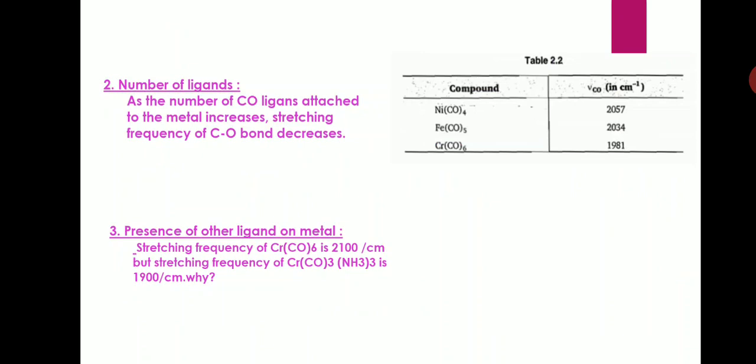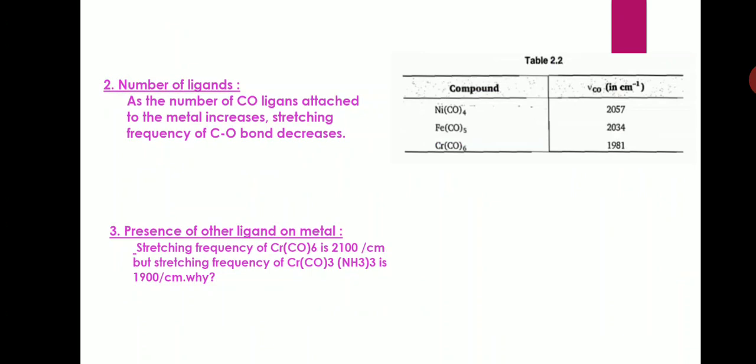Let us consider, for example, two complexes, Cr(CO)6 and Cr(CO)3(NH3)3. In both complexes, chromium has a formal charge of -3 and back donation occurs. However, because NH3 has no orbital available for accepting electron density from the metal, all of the back donation in the complex Cr(CO)3(NH3)3 goes to the CO ligands.